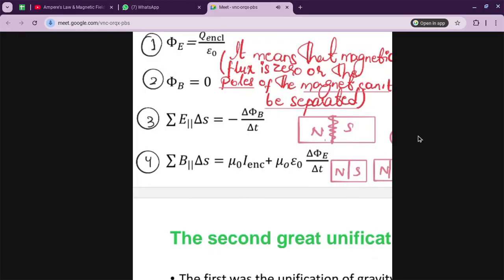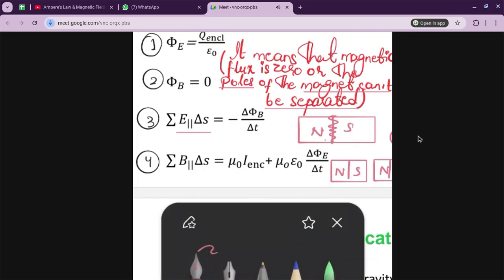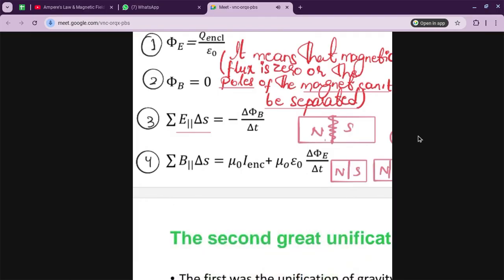E dot dl, what is this? E times delta S. If you remember the formula of electric potential, voltage, electric potential's formula is E times delta S. So this is E, this is V is equal to E times delta S. So we replace this by V is equal to minus delta phi over delta t.